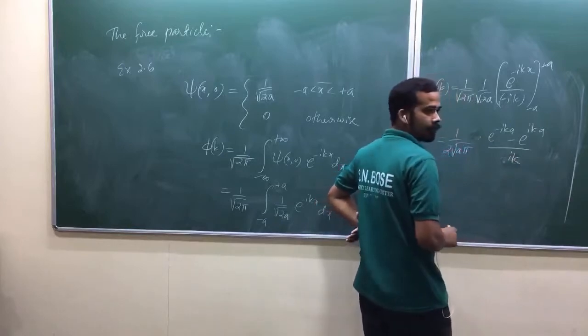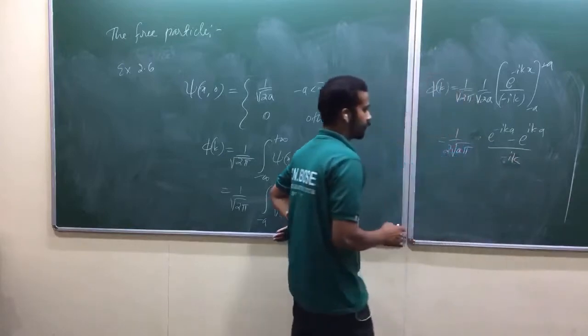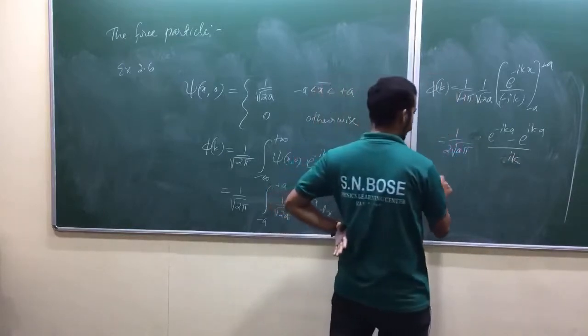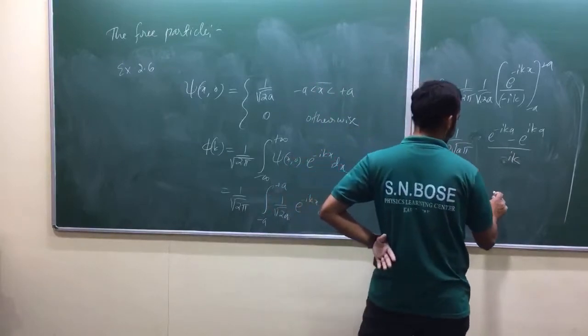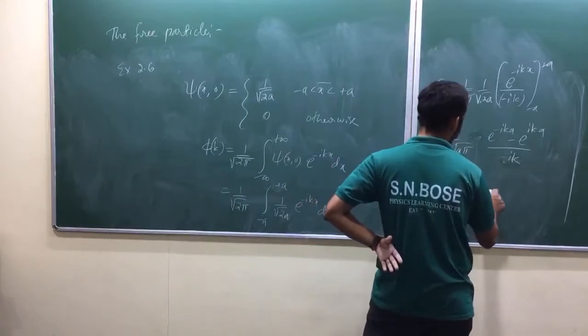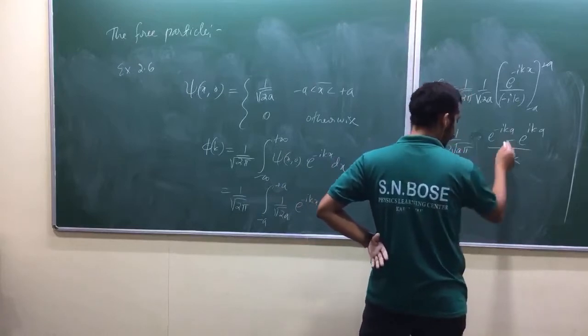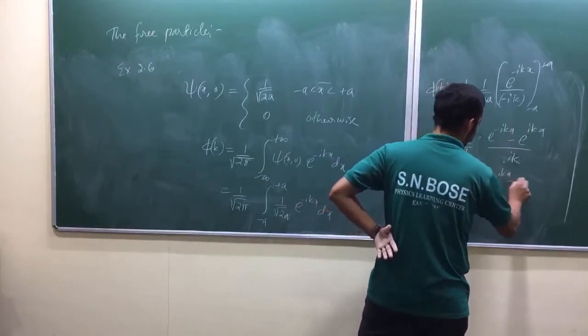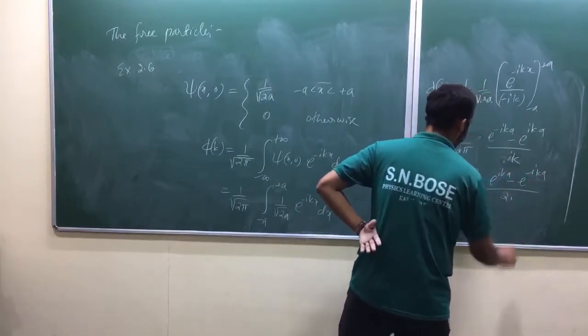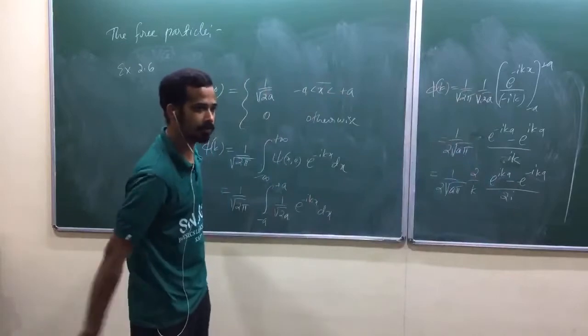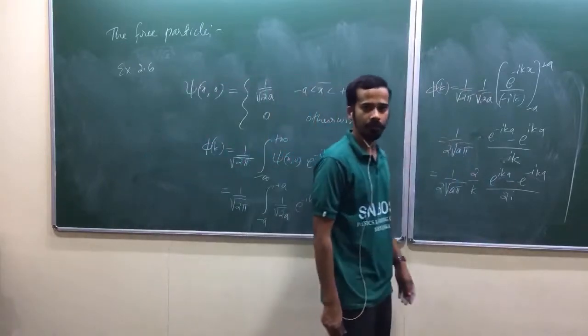Am I right? But I need 2 somewhere. So 1 by 2 root of a pi, multiply and divide by 2 by k, and take the negative sign inside: e power i k a minus e power minus i k a, divided by 2i. Can I write it like this? The negative sign is taken inside, multiplied and divided by 2.